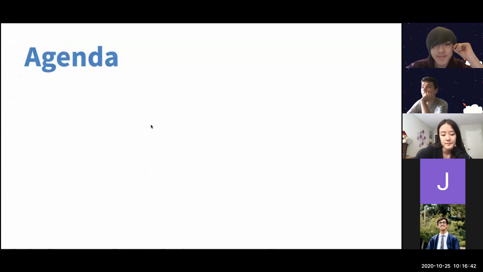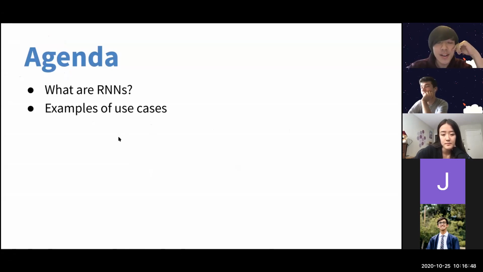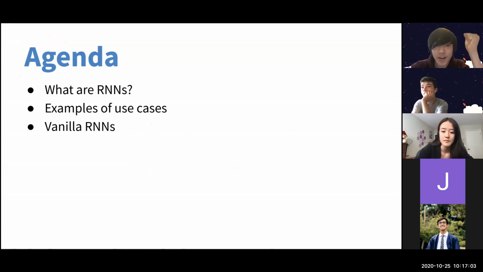So the agenda for today, first of all, we're going to be talking about what RNNs are, and then we're going to go over some examples of how they're used. We're going to go over vanilla RNNs, which is an example of a model that basically no one uses anymore, but it's a really good intro for learning how RNNs work.